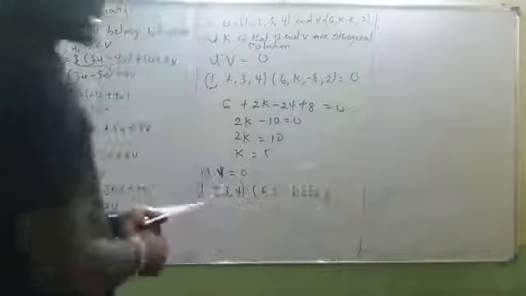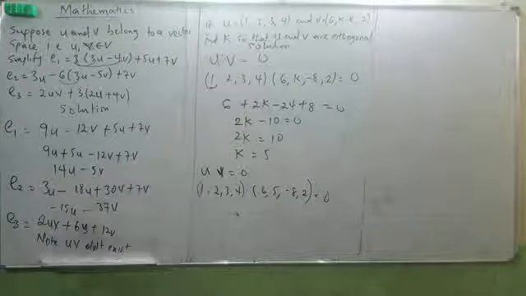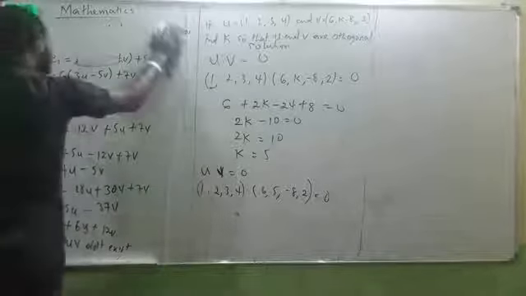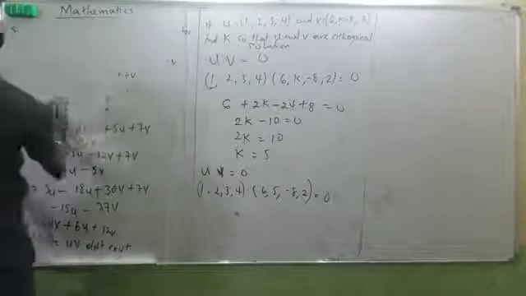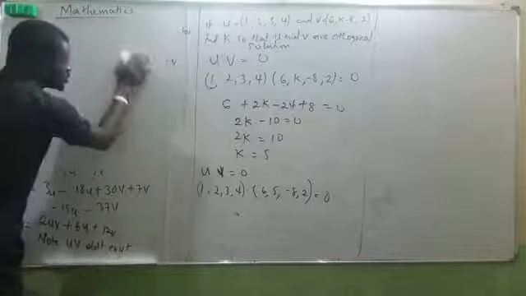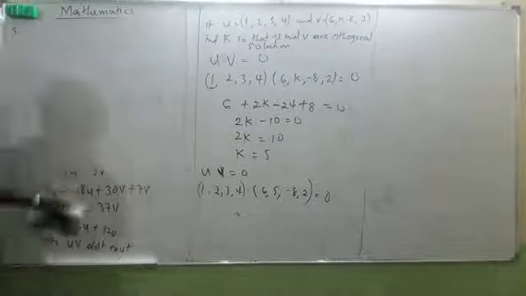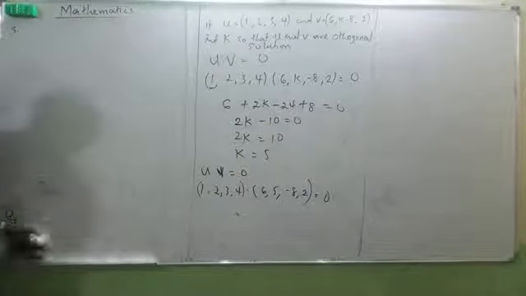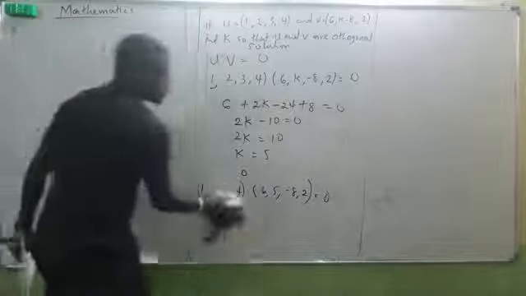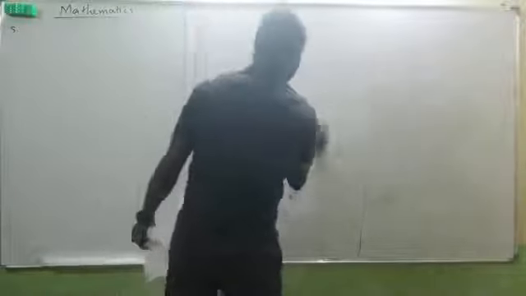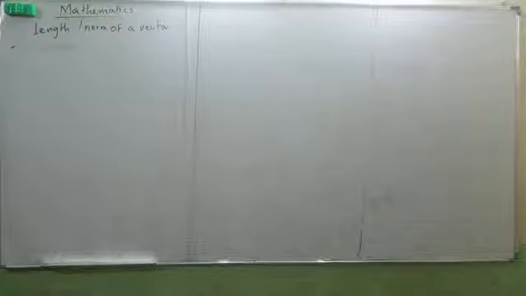But before I end this video, let me try to explain what is called length. Length of a vector or norm of a vector. You can also call it norm or length of a vector.